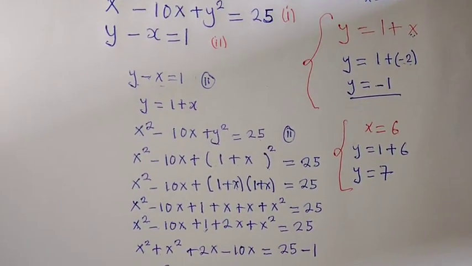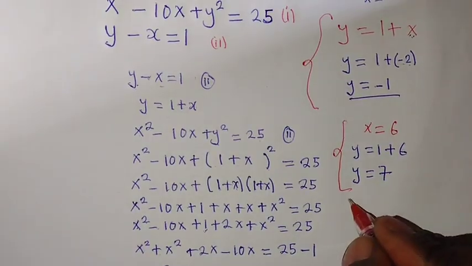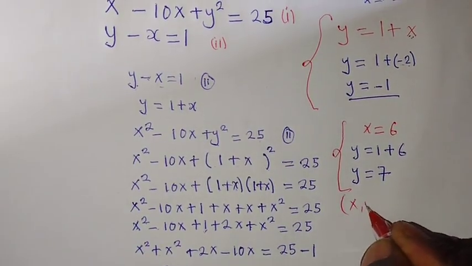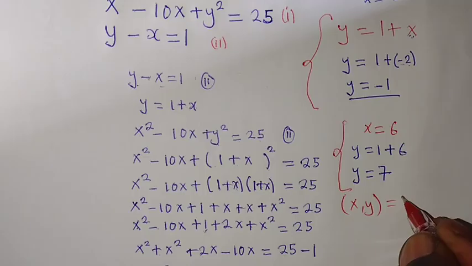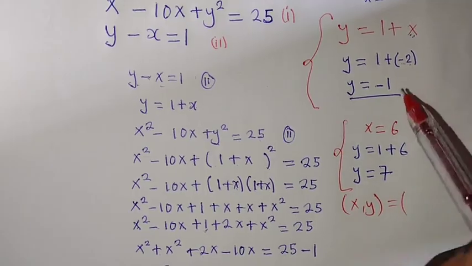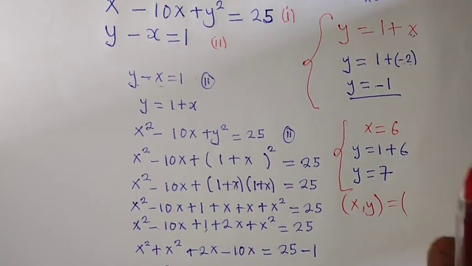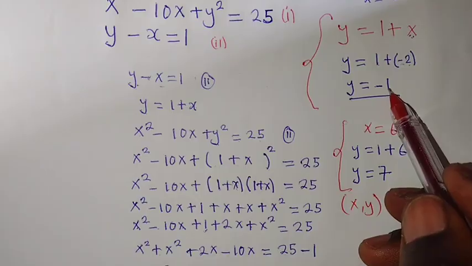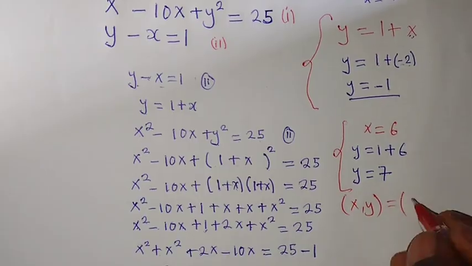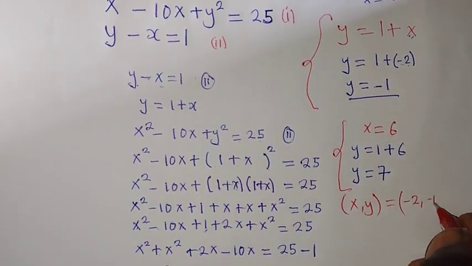Okay, so I am just going to make a statement where you say x comma y is equal to, so we are going to pair them. The first value of x, which was x is equal to negative 2, gave us y to be negative 1. So the first pair will be negative 2 comma negative 1.